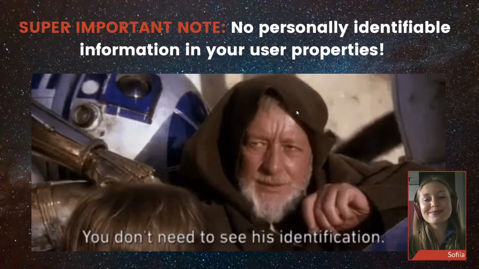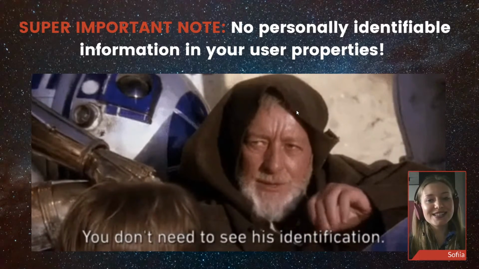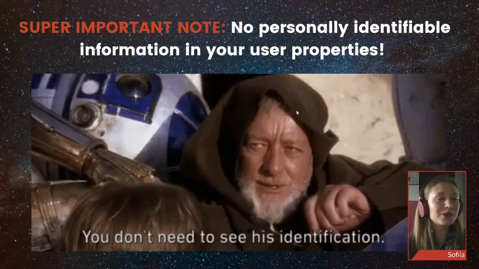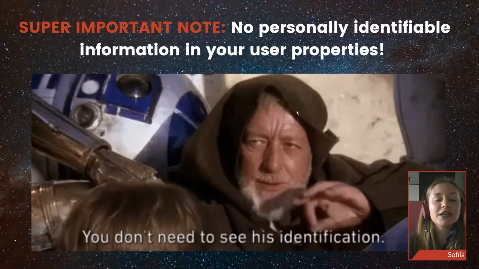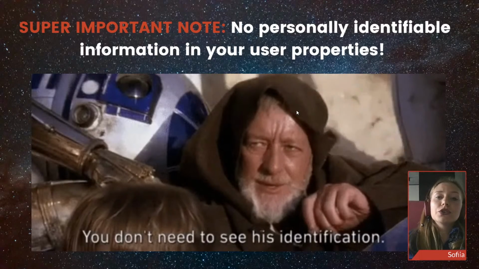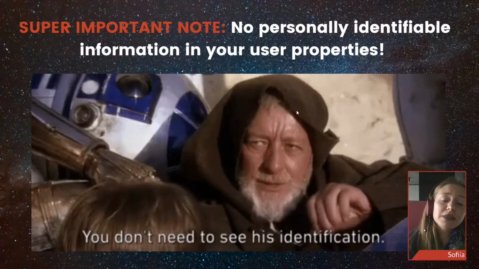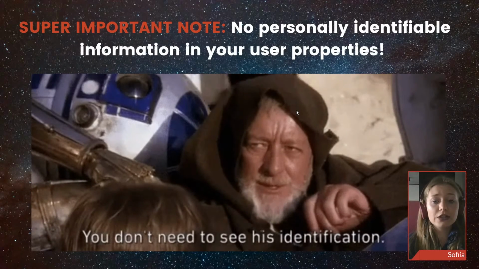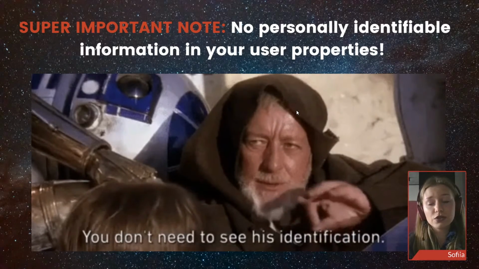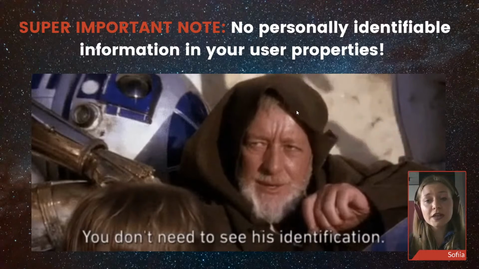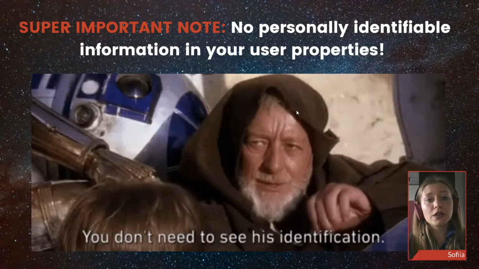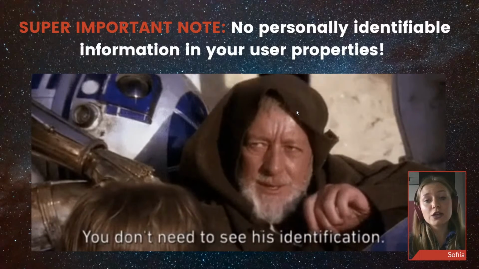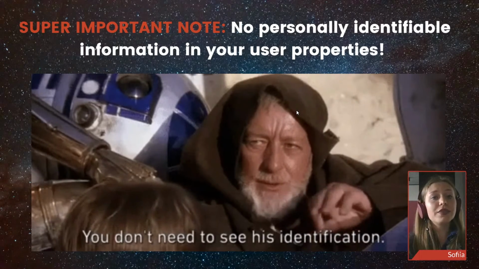And also, super important again, I was talking about it before when we were implementing user ID: you should not display any personally identifiable information in your user properties as well as your user ID, because we have some terms of service in Google Analytics, and we should comply with those.